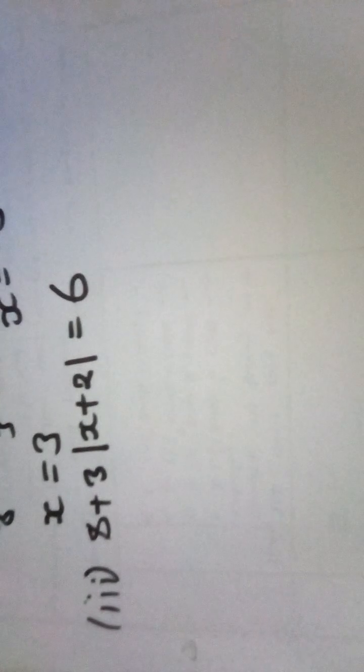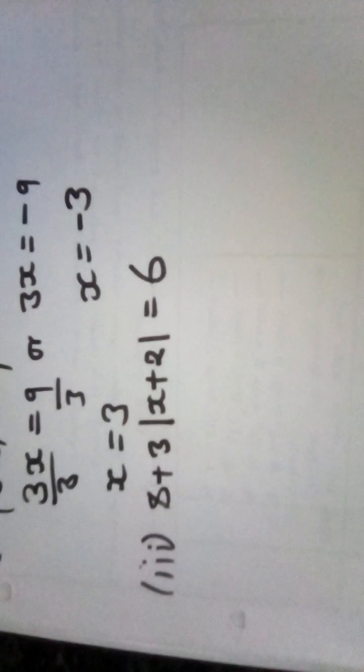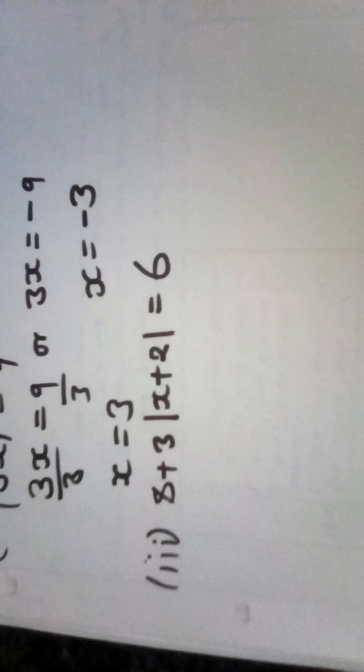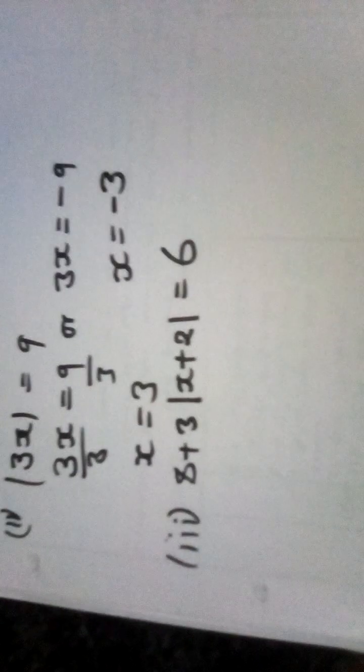How do we get to work out this one? Feel free to work it out, or to pause the video and work it out, and then you can resume it thereafter.